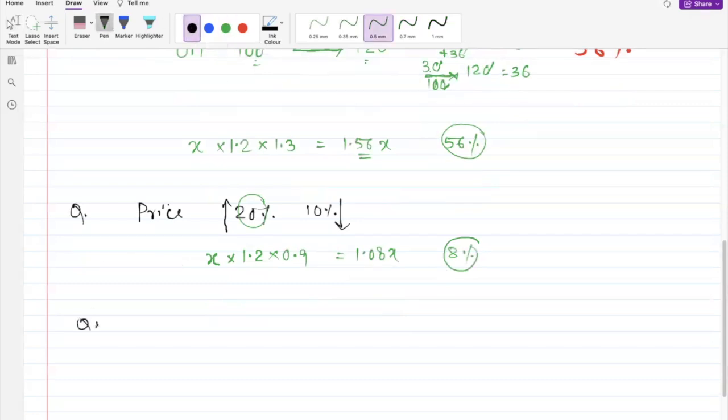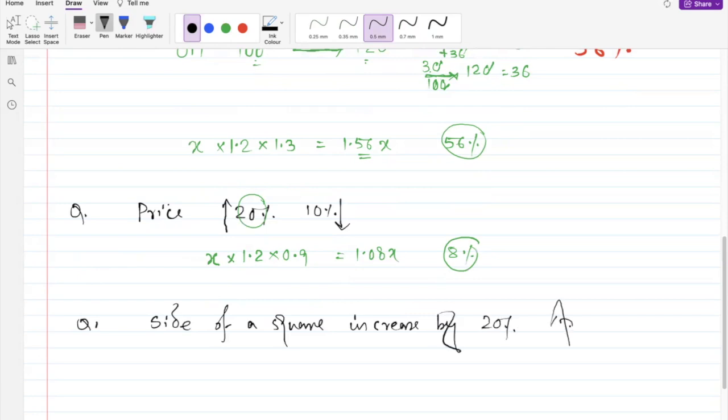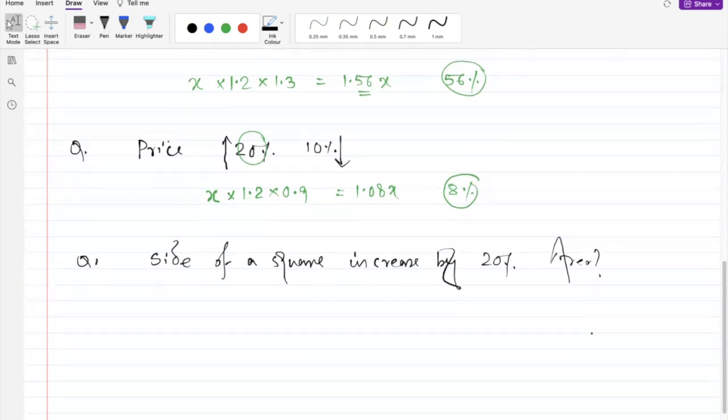Try looking at the next question. The side of a square increased by, say, 20%. How much will the area increase now?